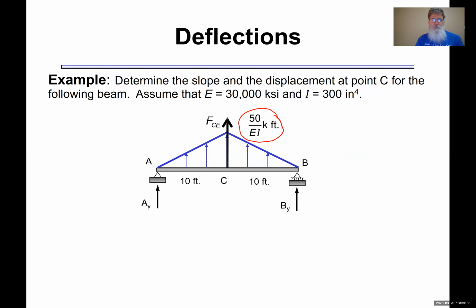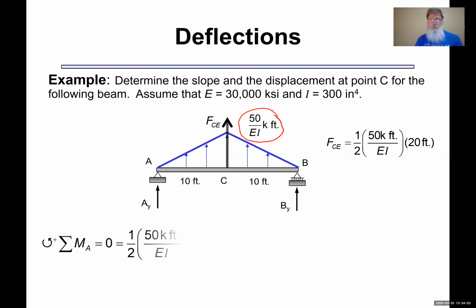I find the concentrated equivalent load for the distributed load, just as we've done before. It's 1/2 base times height, except it has little interesting units. Before I do that, you'll notice now that the force in the conjugate beam is kip feet times feet. So that's just going to be kip feet squared. So got to keep track of these units as we go along.